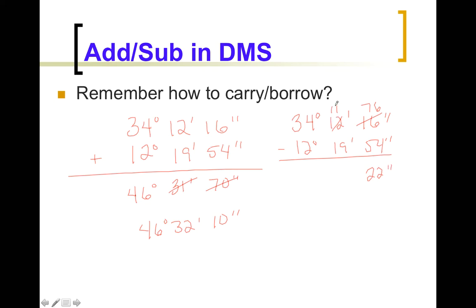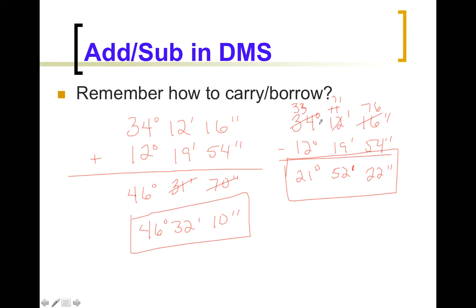And again, I have to do the same thing. 11 minus 19 doesn't work, so I need to borrow a whole degree. And 1 degree is worth 60 minutes. And so therefore, I have 71 minus 19 is 52. And 33 minus 12 is okay because that becomes 21 degrees. So remember to carry and borrow when you try to add or subtract in DMS, or degrees, minutes, and seconds. The subtraction comes in handy for a couple of your problems directly today.